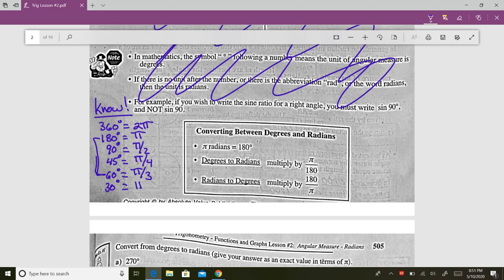Half of pi over 3 is pi over 6. And 0 degrees is 0 rads. You don't have to write rads. If you have no units, it's assumed it is rads. Okay, we'll see that when we do calculator stuff. So when you see sine of 90 degrees, that's in degrees. This is in rads because there is no degree sign.